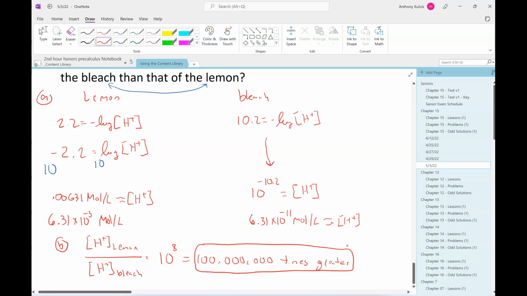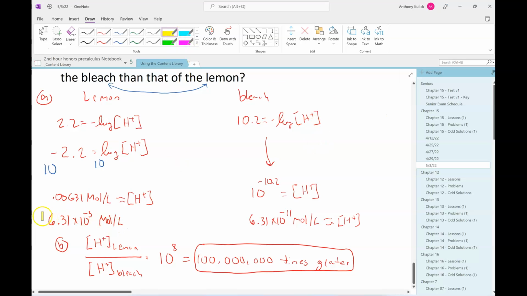So that lemon has a hydrogen ion concentration 100 million times greater than the bleach. Well, bleach is pretty basic too, let's be clear here. Because bleach would always be safer than a lemon.